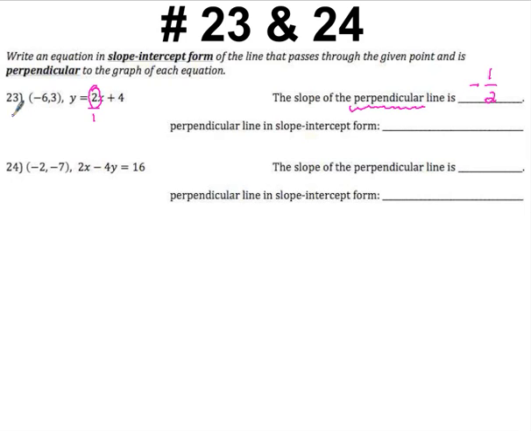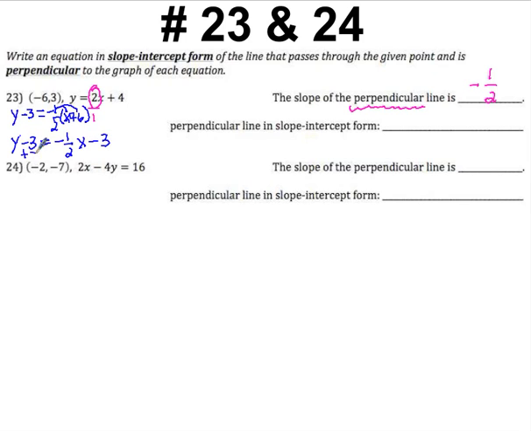Let's go ahead and do this. So we're going to get y minus 3 equals negative 1/2 times the quantity x plus 6. And then I multiply through, so I get y minus 3 equals negative 1/2 x, better have that same perpendicular slope, and negative 1/2 times positive 6 is negative 3.